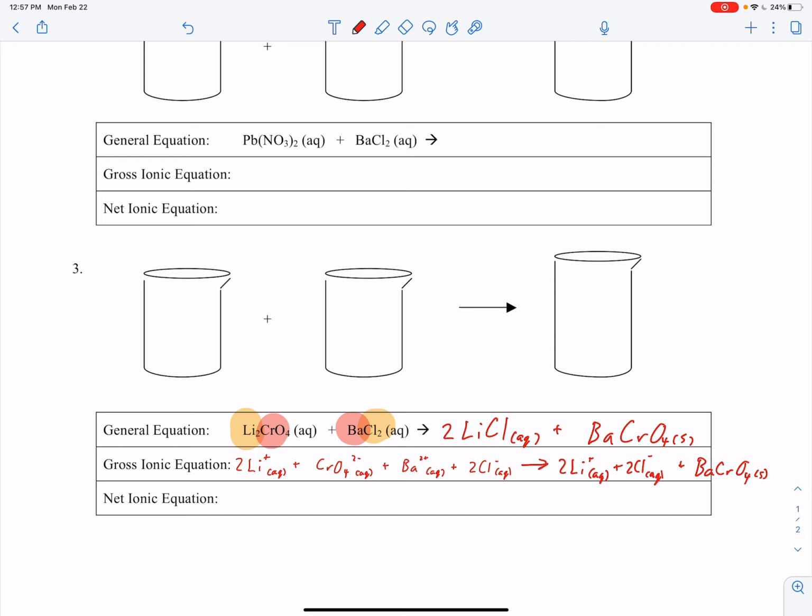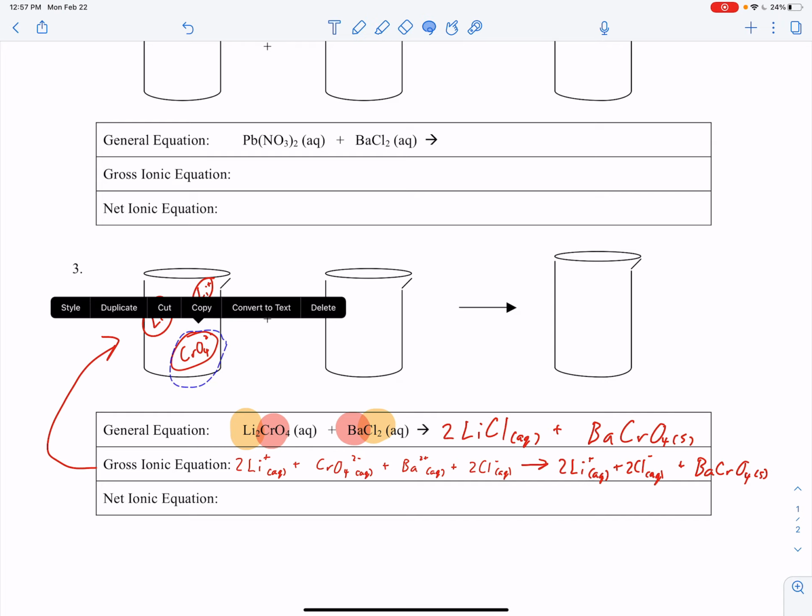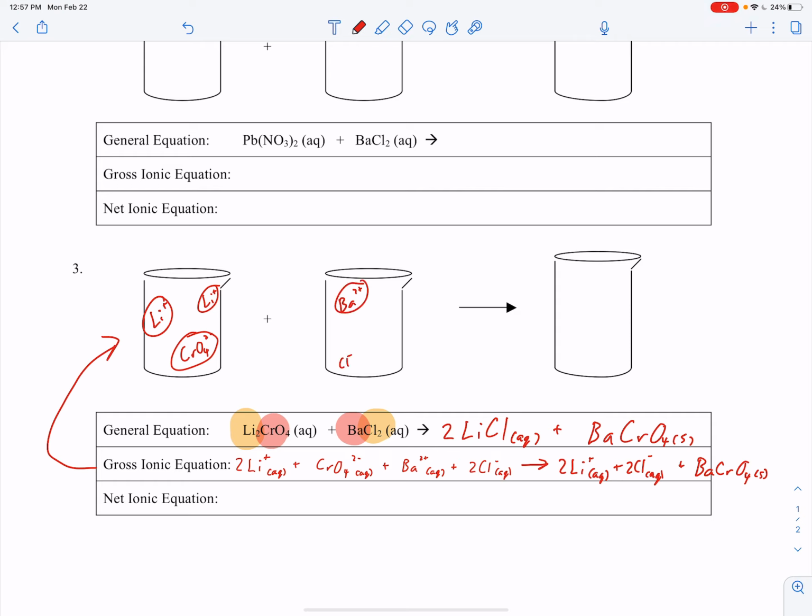So now you can go to the picture and draw this. So we've got some lithium ions, and we have some chromate ions. I don't know why I drew them so close together. They don't have to be that close together. Okay? So there are my ions floating around in solution in the first beaker. The second beaker is the one with the barium chloride in it. So we put our barium and our chlorides.